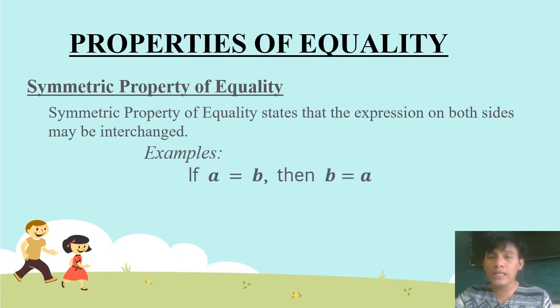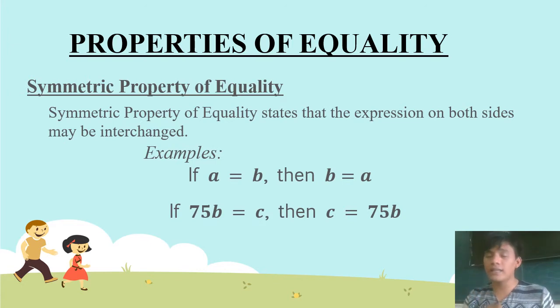Example, if A is equal to B, then B is equal to A. It is just the same. Another example, if 75B is equal to C, then C is equal to 75B also. They are just equal even though you interchange them.